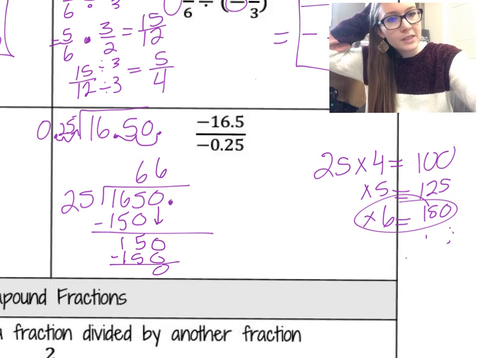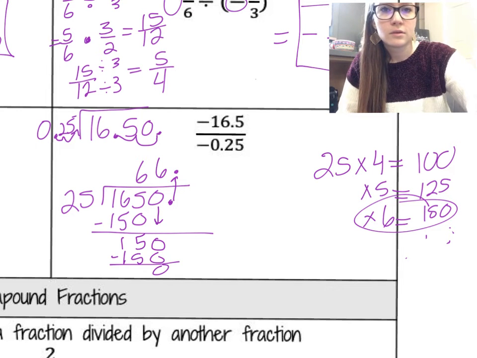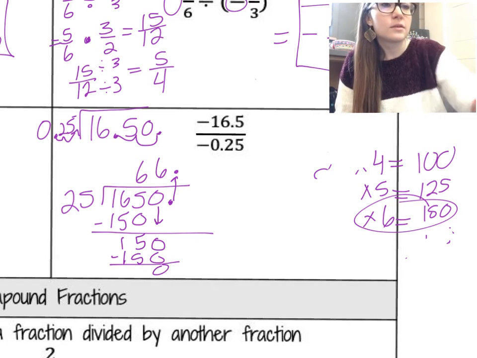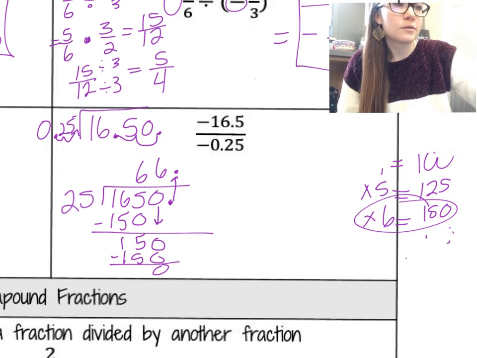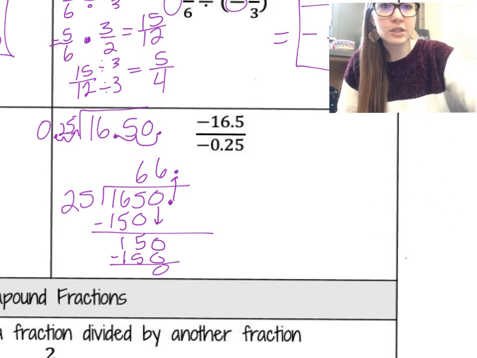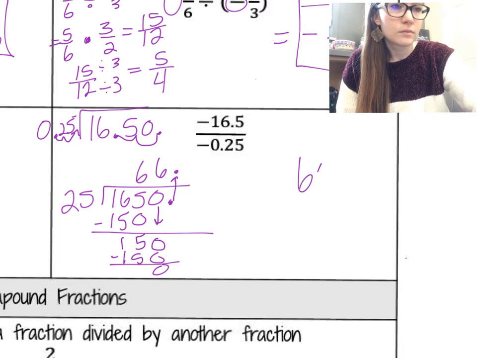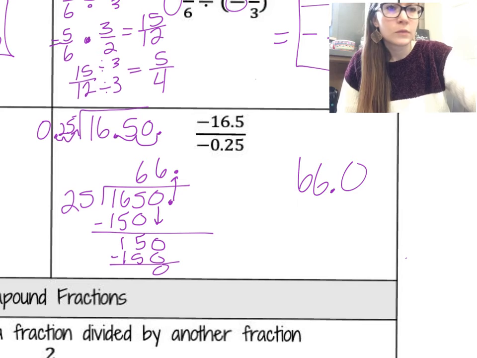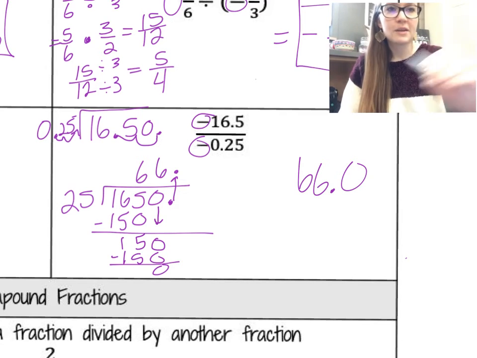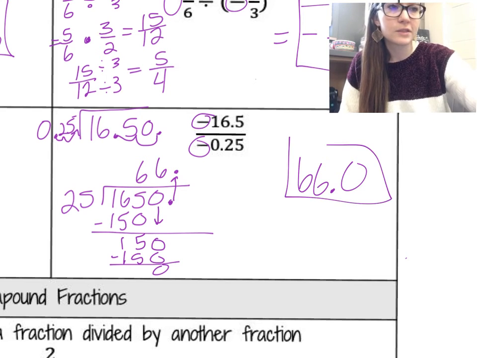My decimal point is here, so it's going to go straight up here. Okay, so now that I have found my answer, a negative divided by a negative, they're the same sign, so my answer is positive 66.